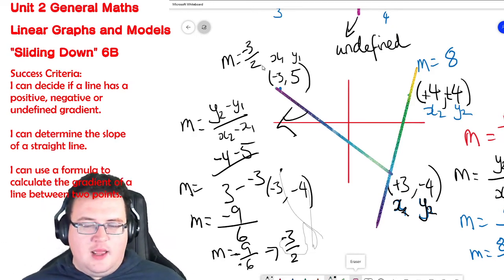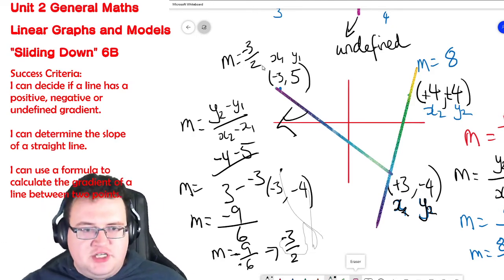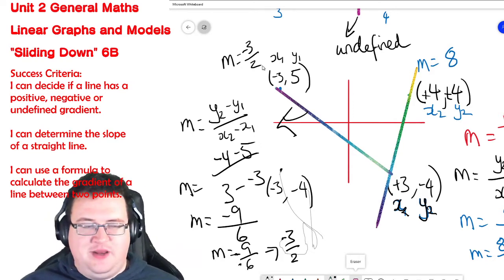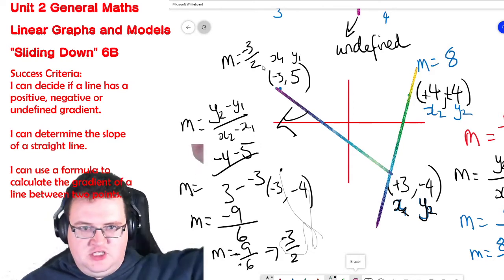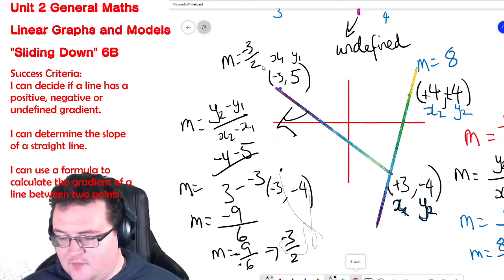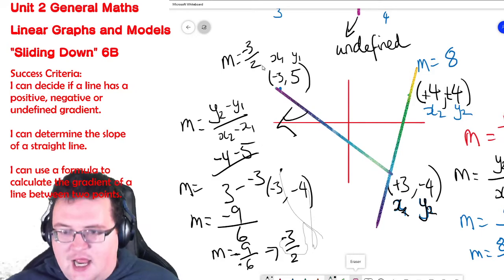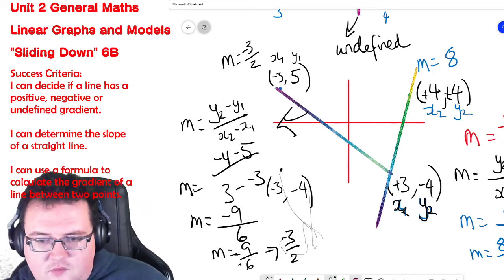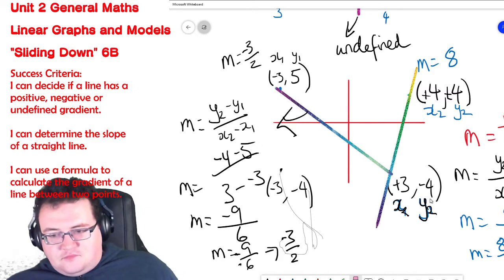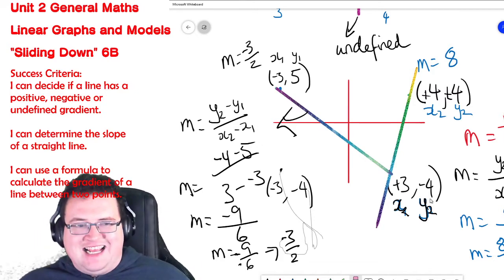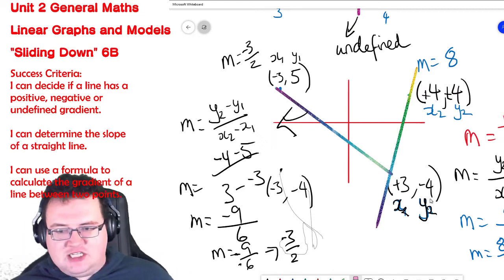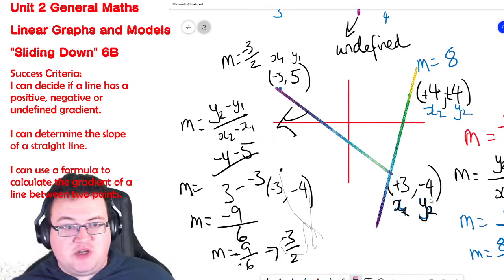So with these equations, you can now have a precise way of measuring, because your answers aren't always going to be something nice and neat. They could be, for example, as we've got up there, m equals negative 3 over 2. Now, is it always left as a fraction? It depends on what the question is asking. Sometimes the question will ask you to express your answer as a fraction.